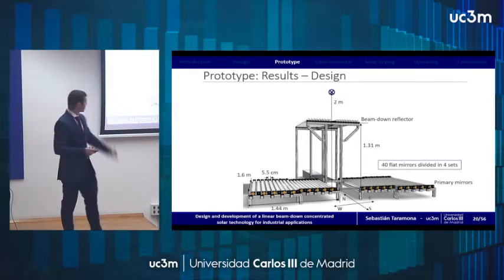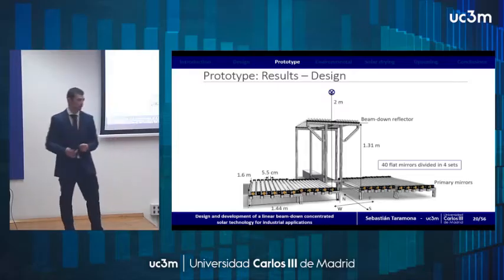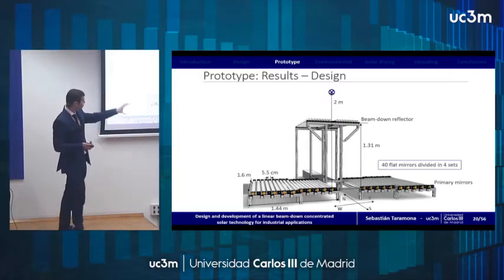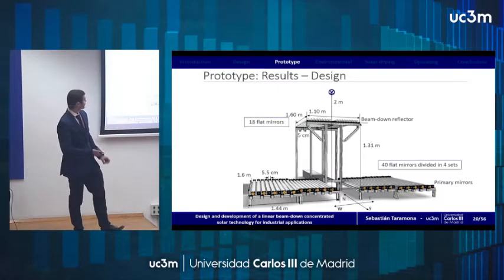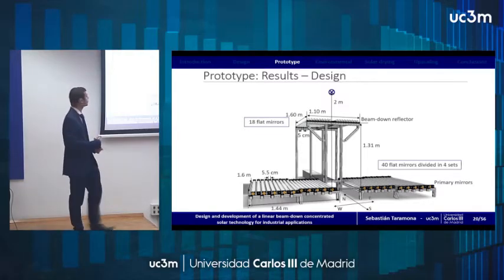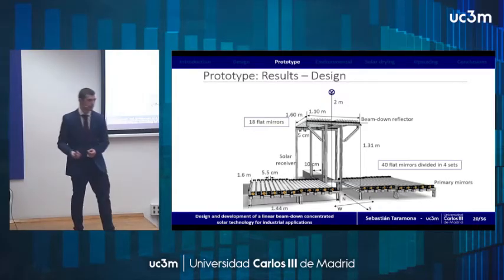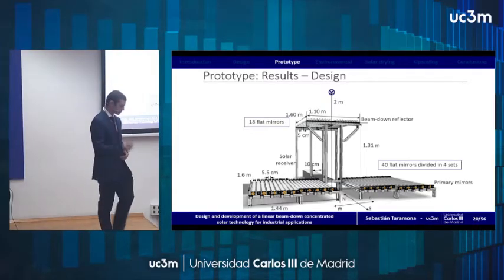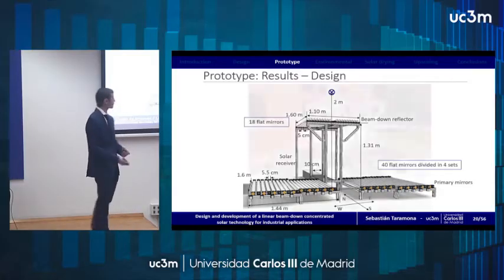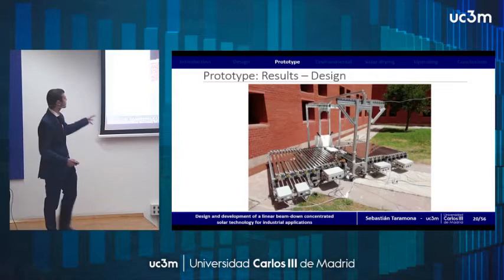We also have this beam down height and this focal height with the best results in terms of concentration. And with this, we obtain this beam down reflector of 18 flat mirrors in total. And finally, we'll be considering a solar receiver 10 centimeters wide. With all of this and several hours of work, we were able to transform this sketch into a real prototype, as you can see in the figure.